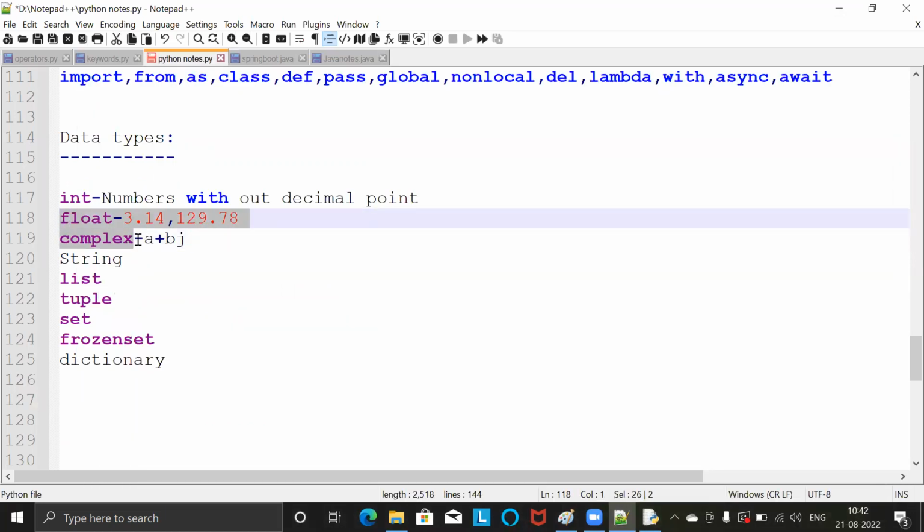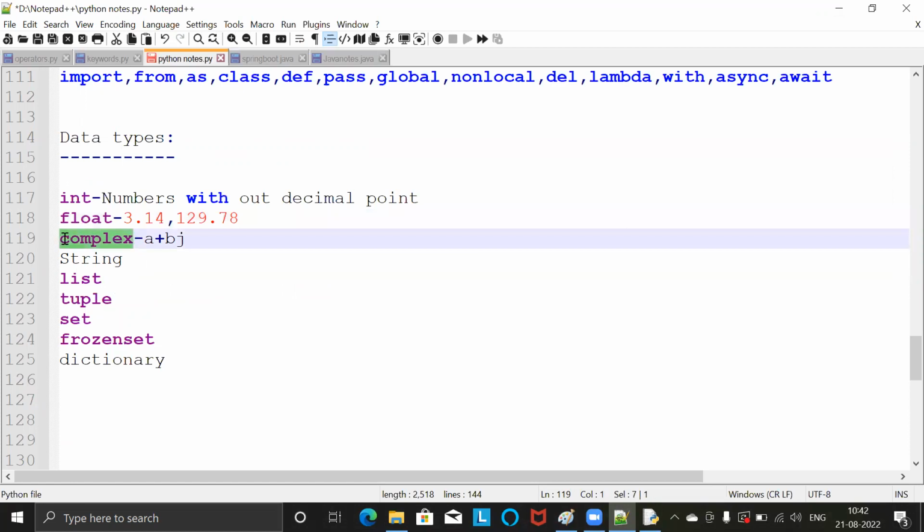Complex data type is only available in Python. Complex data types are not available in any other programming languages. Complex data type is nothing but A plus Bj. A is the real number and Bj is the imaginary number. We already know about complex numbers in 9th or 8th class.